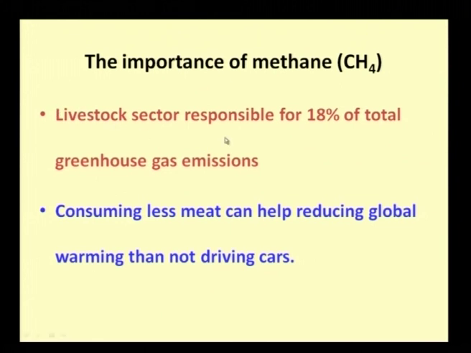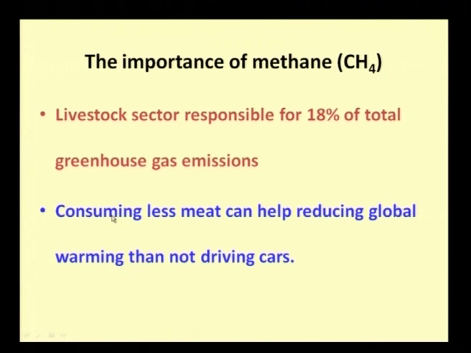See, the livestock sector is responsible for 18% of total greenhouse gas emissions, and therefore, out of 100%, 18% is caused by livestock, and therefore, we can conclude that consuming less meat can help reduce global warming more than not driving cars.